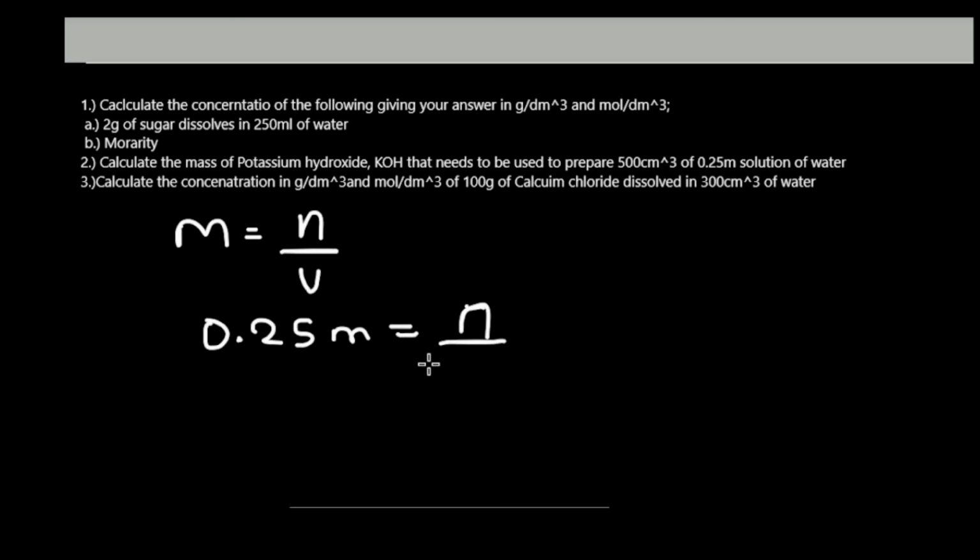over what is the volume given, 0.5 dm3. So once we multiply those two, we end up finding that our number of moles is 0.125 moles.